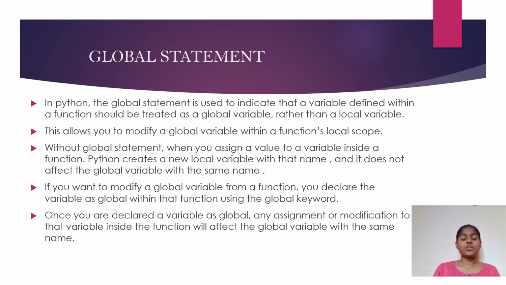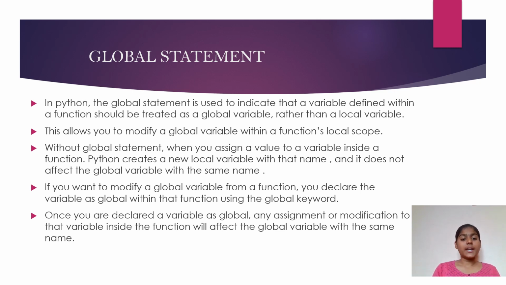Now let's look into the next topic, that is global statement. In Python, the global statement is used to indicate that a variable defined within a function should be treated as a global variable rather than a local variable. This allows you to modify a global variable within a function's local scope.